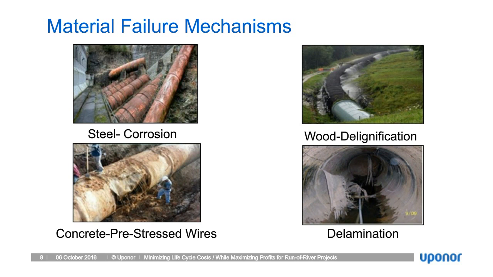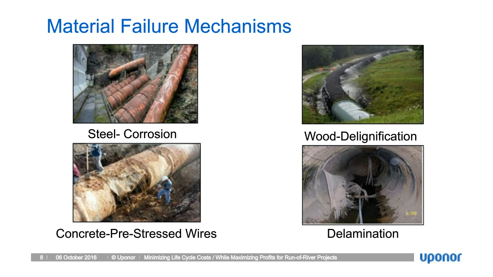Each material has pros and cons. There is no panacea in which one material will address all issues. So some of the material failures that we see for these different types of materials: steel is mainly corrosion, which could be a result of differential soil materials.